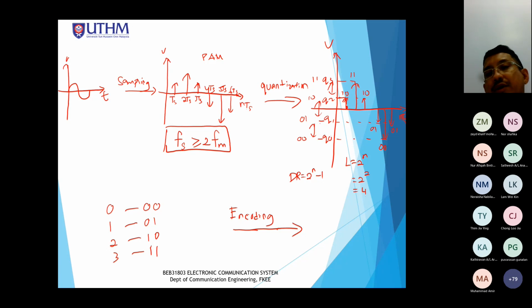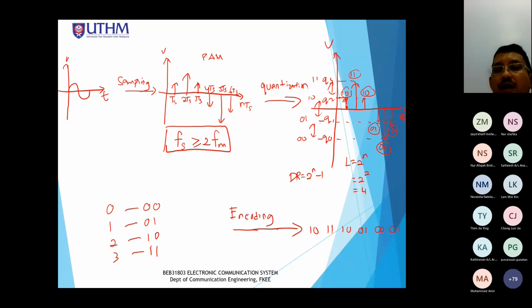After the encoding, if I rearrange the codes, the first one is 10, the second one is 11, the third value is 10, the fourth 01, fifth 00, and the sixth value is 01.